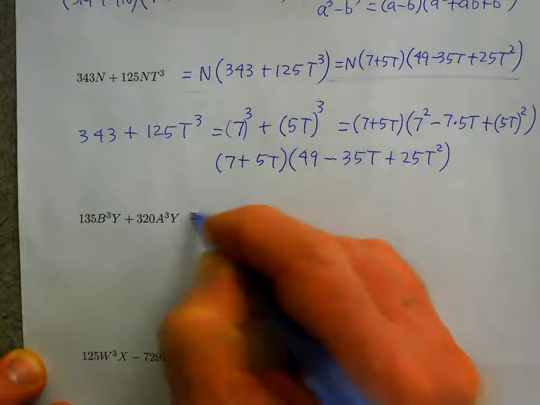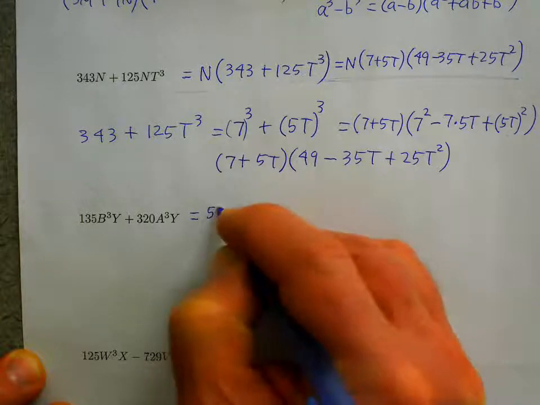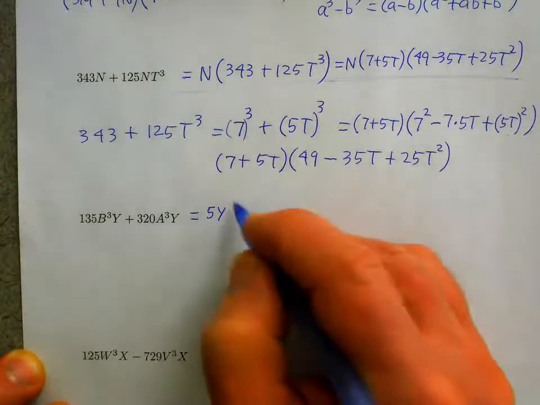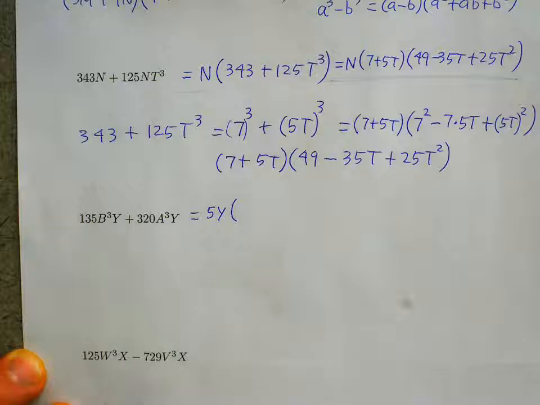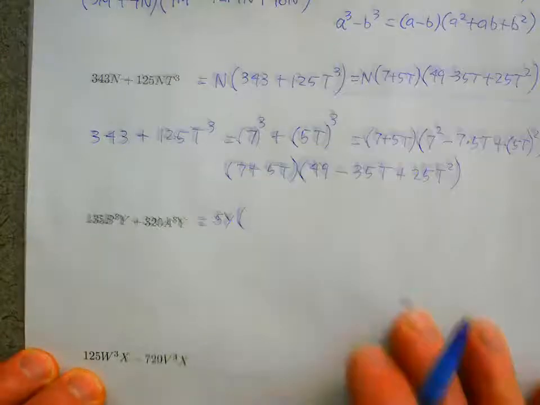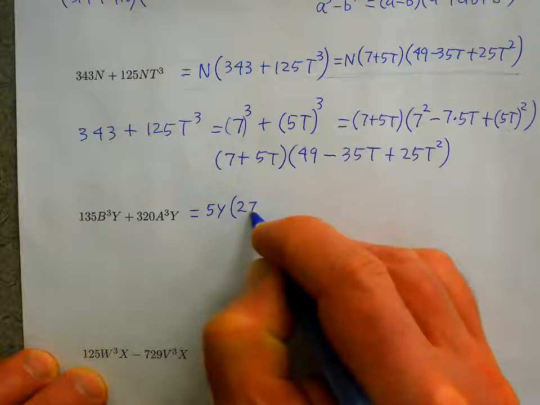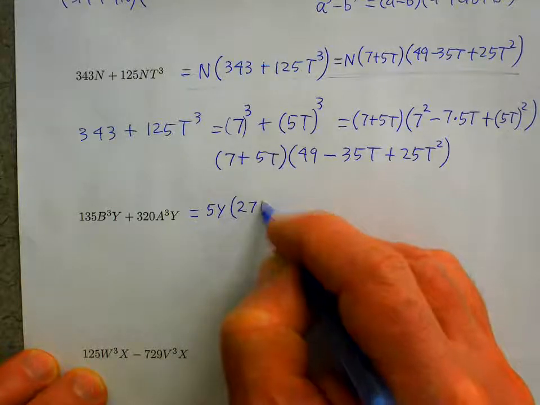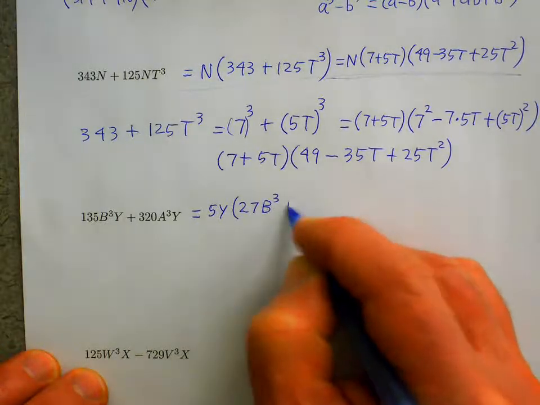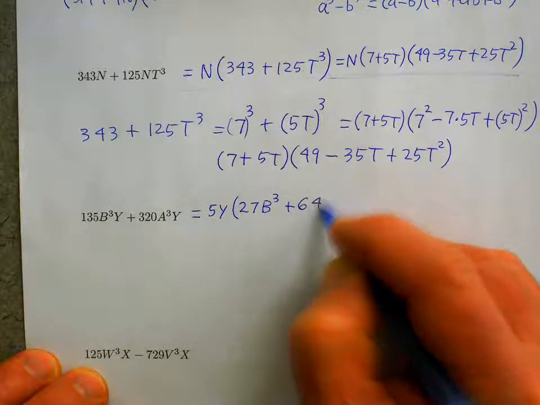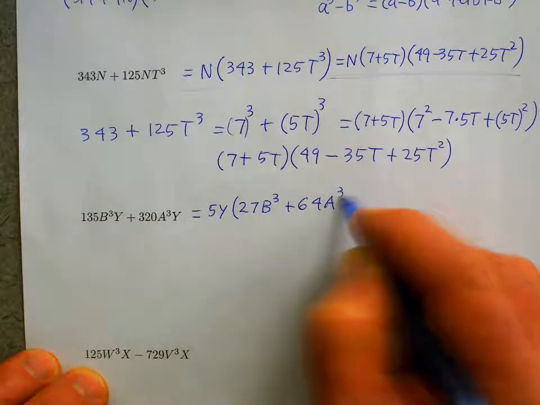So 5y is the greatest common factor. We want to factor that out first. So when we factor 5y out, we get 5y times 27b to the third plus 64a to the third.